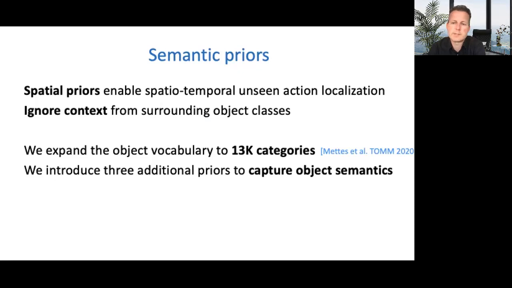Those are based on a GoogleNet pre-trained on the ImageNet categories, at a rate of 2 frames per second during testing. And we introduced 3 additional priors to really capture the semantics of the objects.